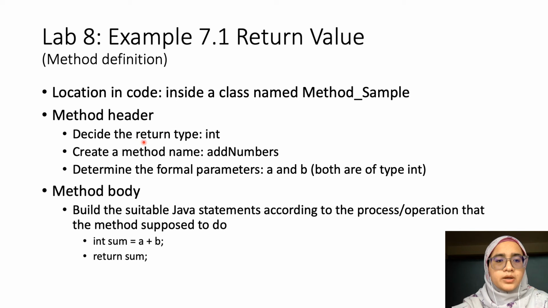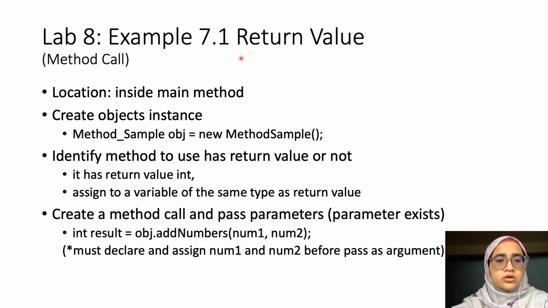Method headernya apa? Okay, return type-nya integer, method name-nya addNumbers, formal parameters a and b of type integer. Method body-nya adalah integer sum equal to a plus b and return sum. So method body ni ikut operation yang sesuai. Okay, now we look into the method call of the same example.